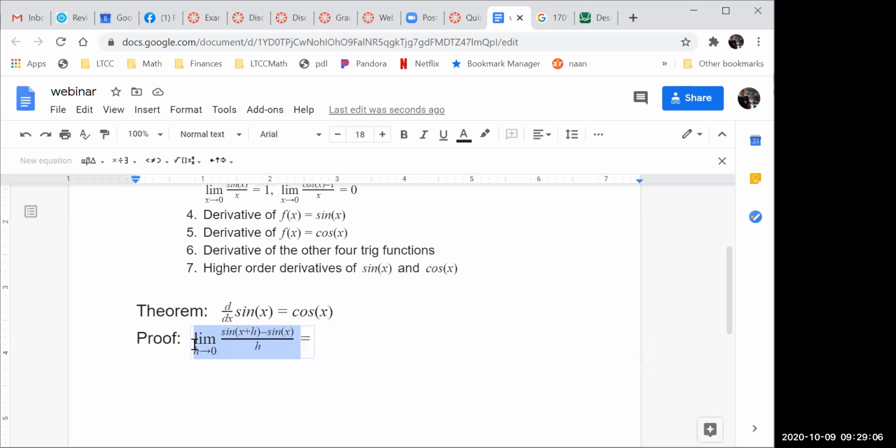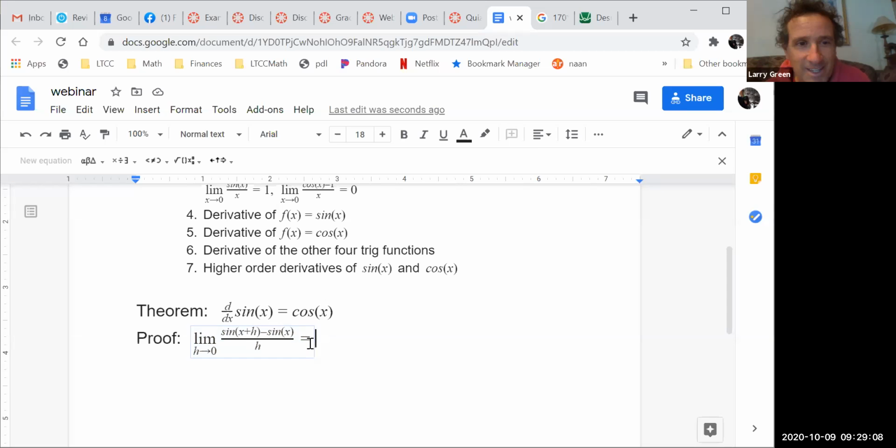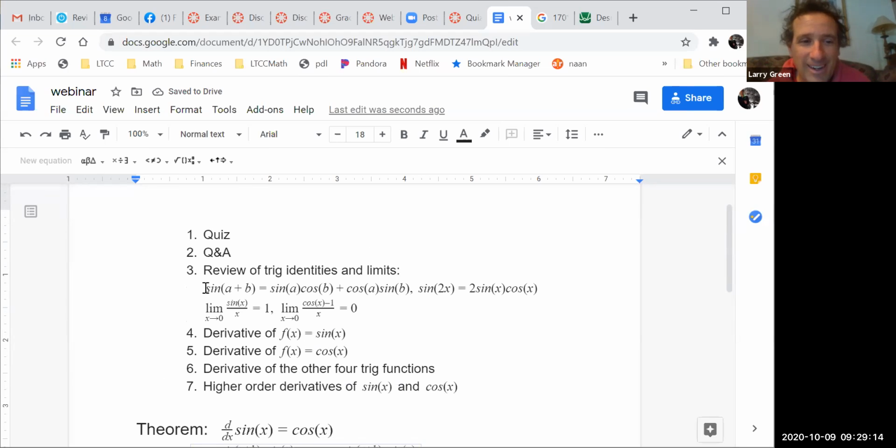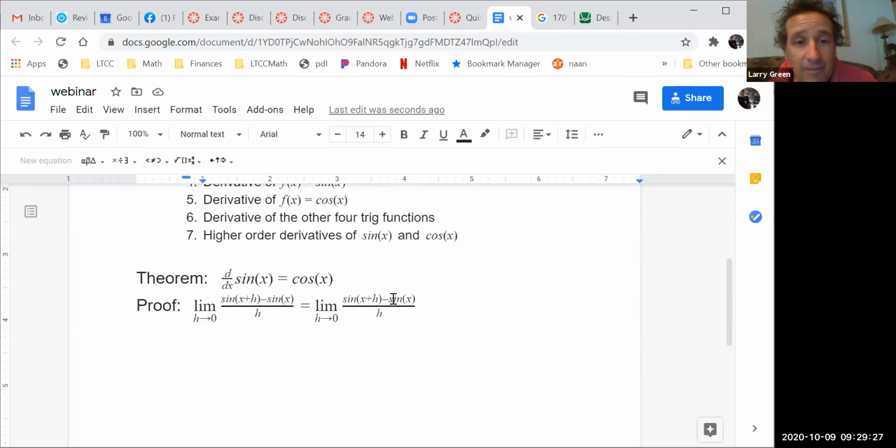No. Definitely not. Now, you may not remember because it has already been about 5 or 10 minutes, but I have a formula here to say what happens when you have sine of something plus something. And that is sine of a plus b is sine of a cosine b plus cosine of a sine of b. So we need to use that formula.